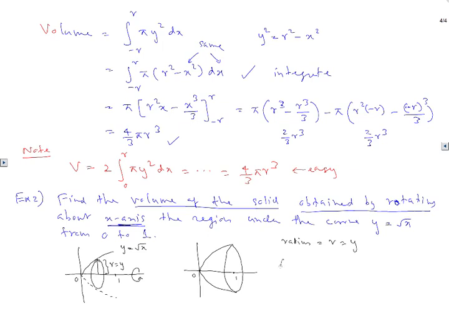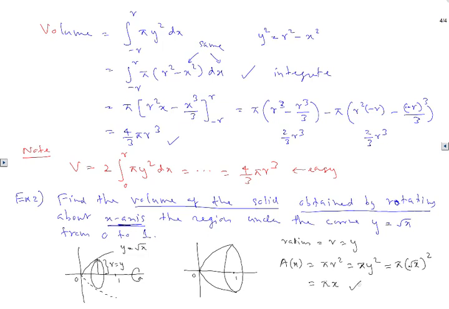So the area is simply pi r squared, but r is equal to y, so it's pi y squared. But what is y? Y is given as a function, so it is simply pi times square root x squared. That means pi x.